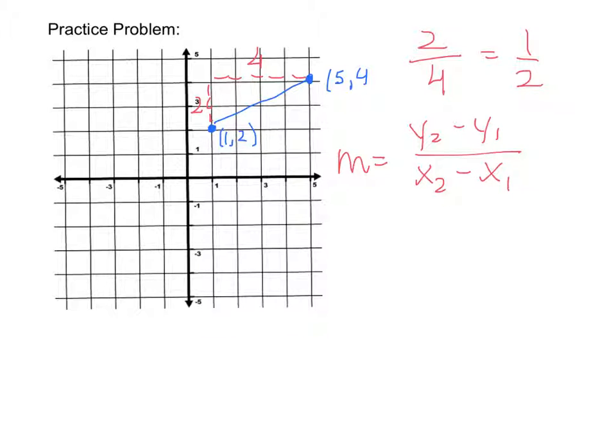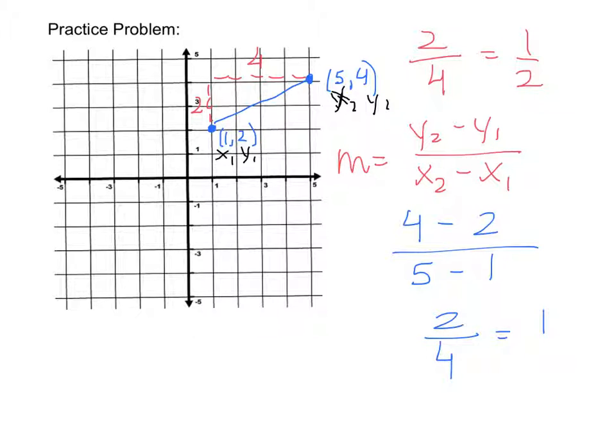So if we say that the first point here is x1, y1, and the second one is x2, y2, then when we plug it into our formula, it's going to be 4 minus 2 over 5 minus 1. And as you can see, this simplifies to the same thing, obviously, but it's really good to know how to use that formula.